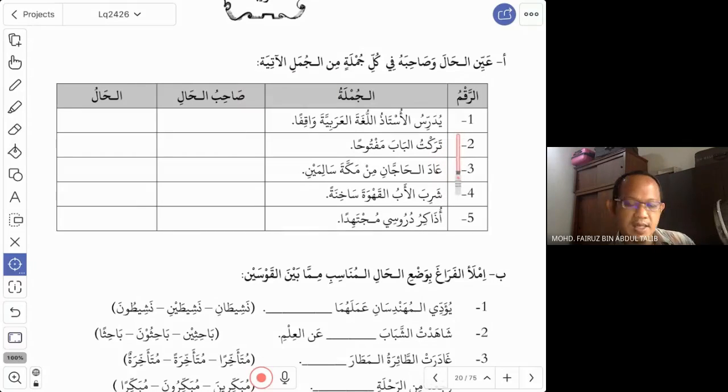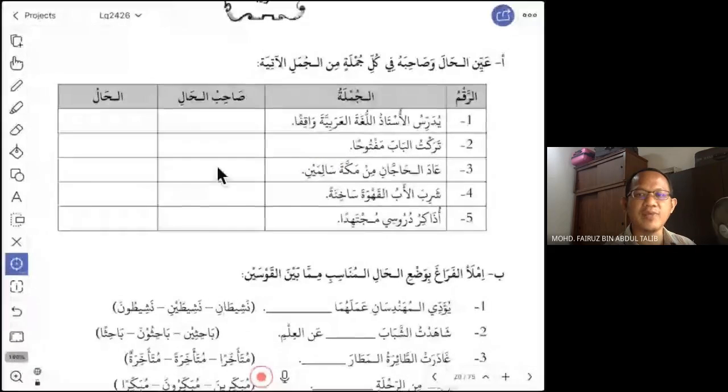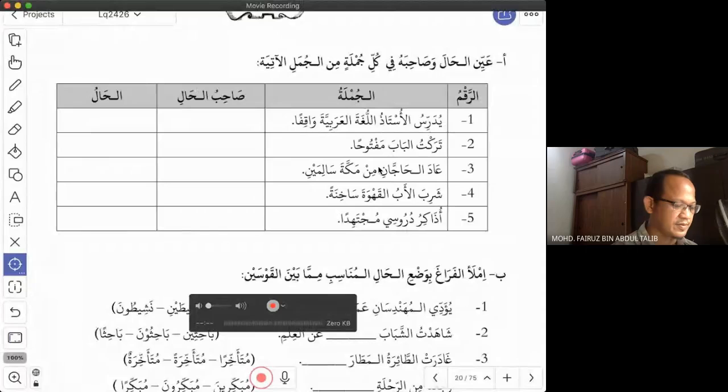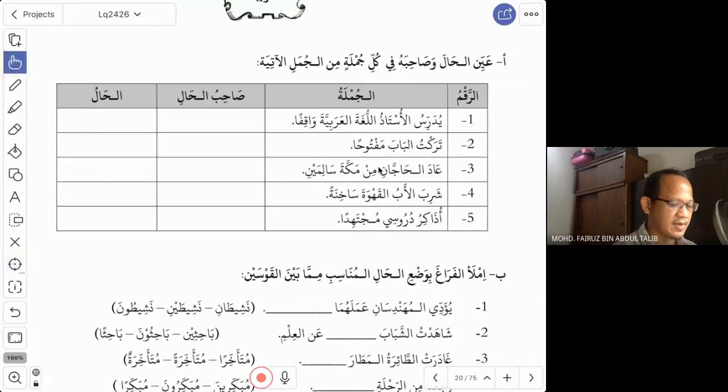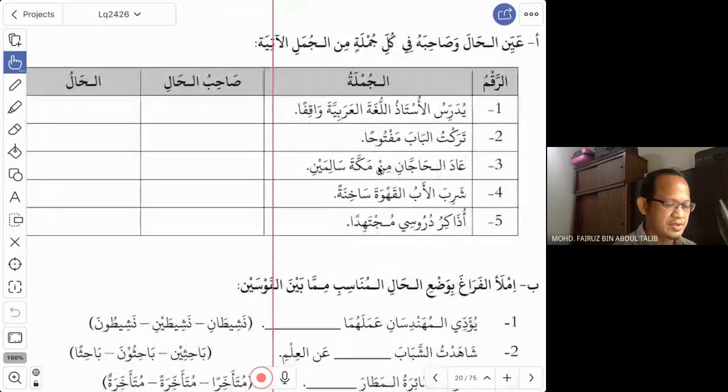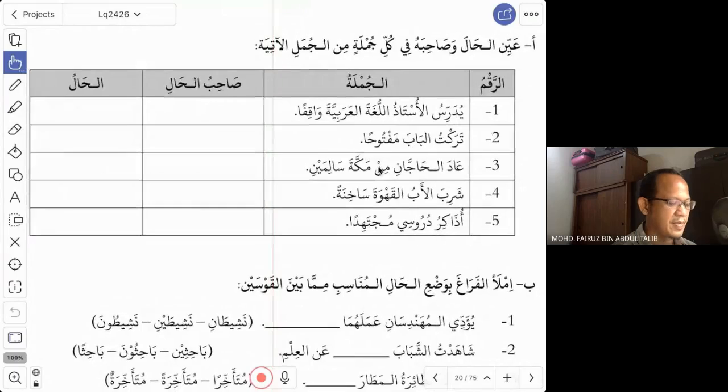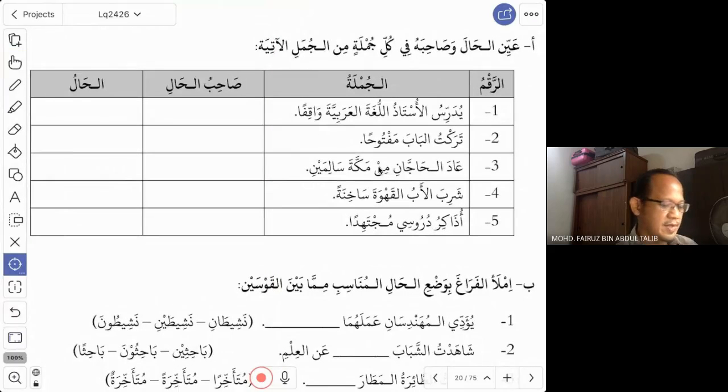الرقم الأول. الجملة الأولى: يدرس الأستاذ اللغة العربية واقفا. What is the meaning of the sentence? Anyone who wants to try? The Ustaz, what is he doing?